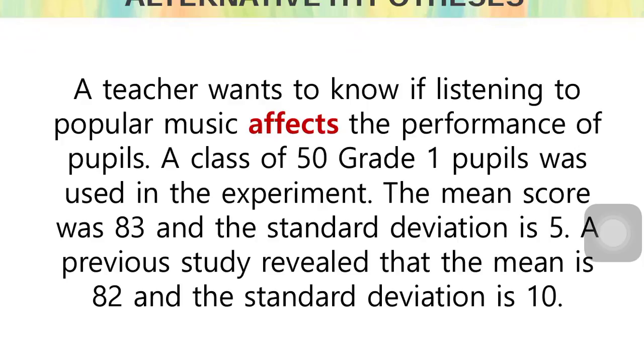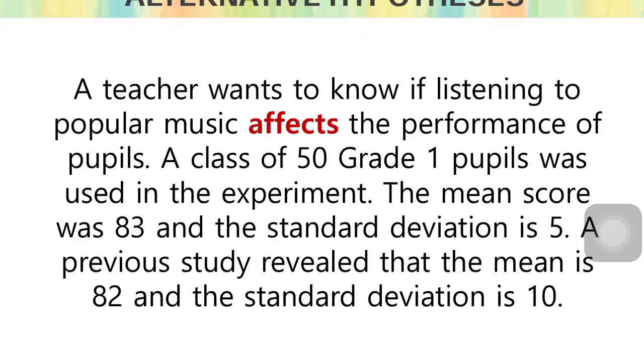A previous study revealed that the mean is 82 and the standard deviation is 10. Now, what is the mean score, 83 or 82? Again, we go back to the previously established study. In the previous study, the mean score is 82. So we consider that one for our null hypothesis.